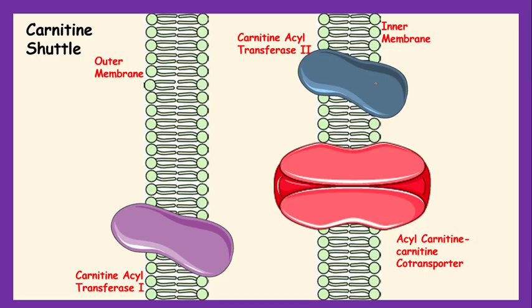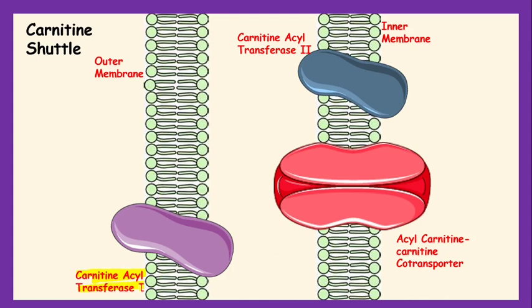To learn about the Carnitine Shuttle pathway, we have to know the participants of the pathway. We have three participants. First, we have carnitine acyl transferase 1 or CAT1. This was previously called carnitine palmitoyl transferase 1 or CPT1 also. This is present on the outer membrane of the mitochondria.